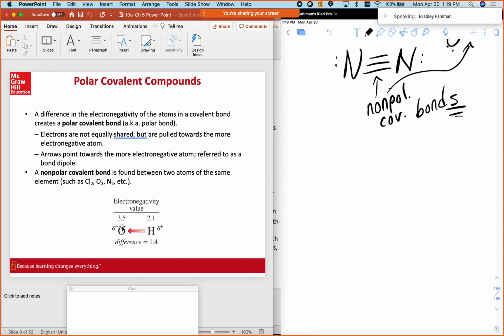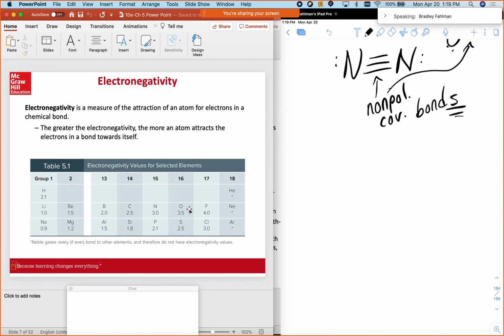The difference in electronegativity here is 1.4, for instance. So if you look back at these differences, an OH bond had a difference in electronegativity of 1.4.